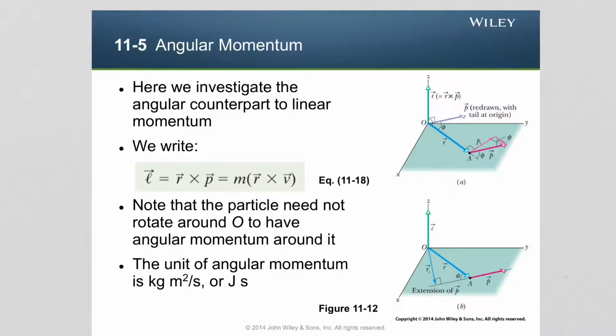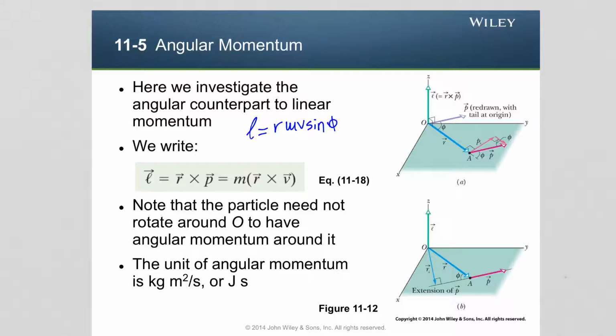Similarly to the discussion about torque, here it only makes sense to take the perpendicular component of the linear momentum, p perpendicular, and multiply it by the position vector. If I do that, I get the magnitude of the angular momentum, which is equal to r m v sine of phi.